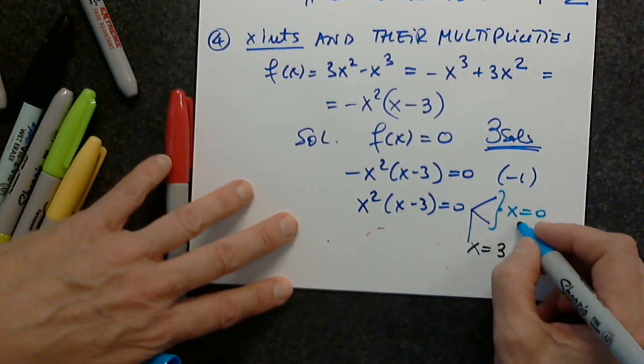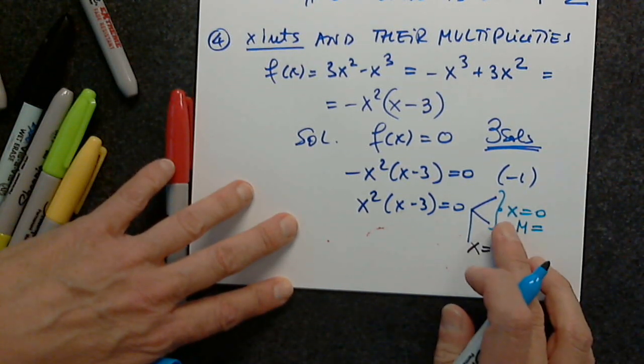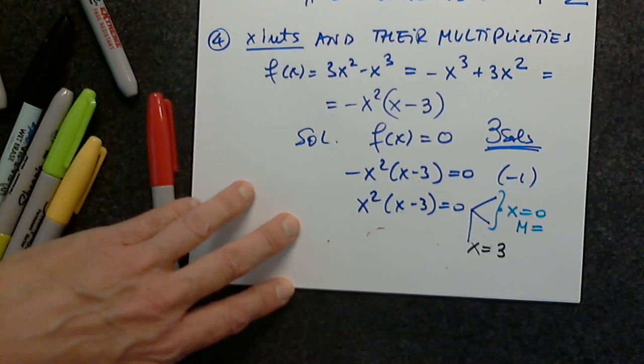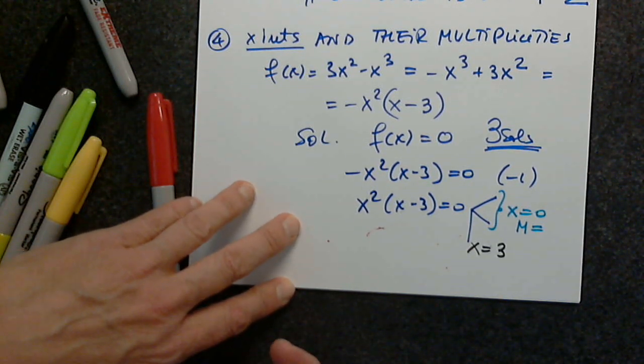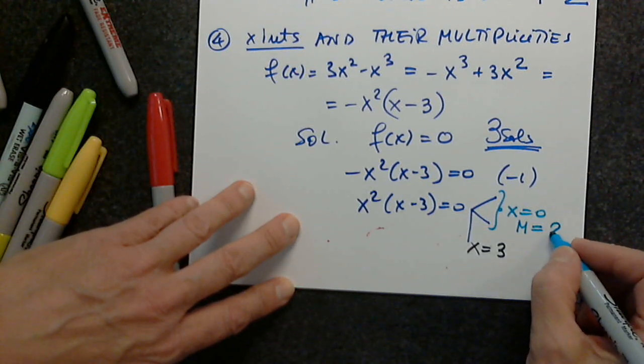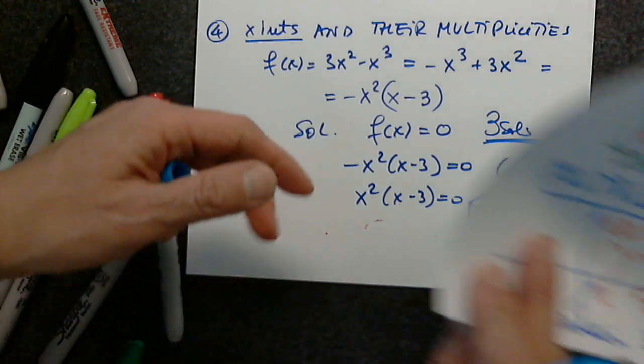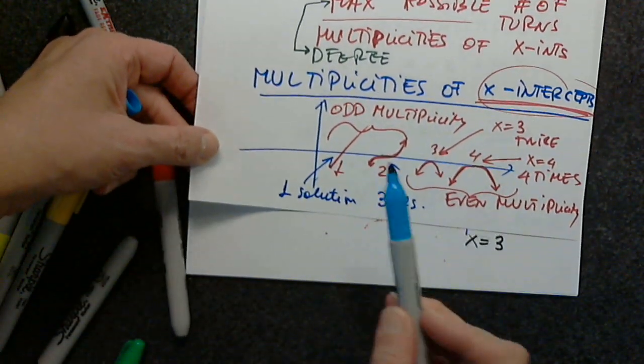Okay, so what is the multiplicity of the solution x equals 0? How many times does x equals 0 is a solution or a 0 of this function? That's the multiplicity for solution x equals 0. What will happen at x equals 0?